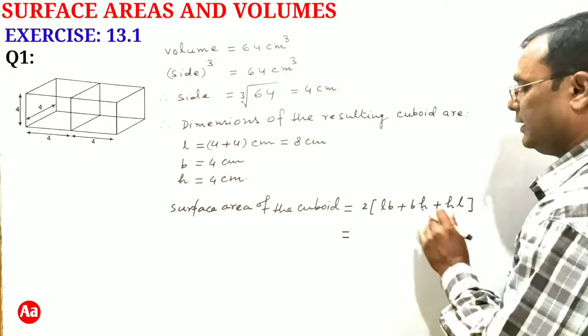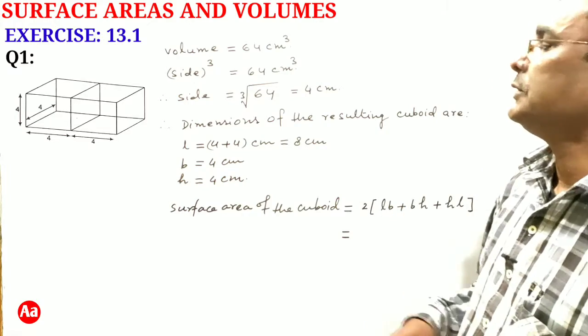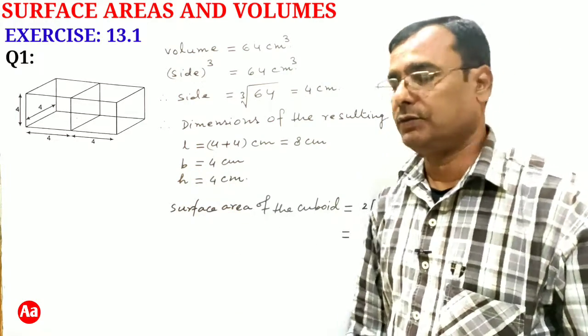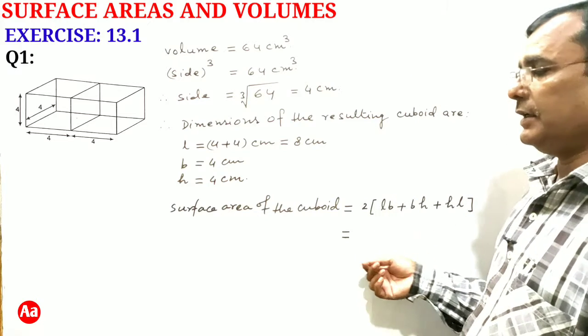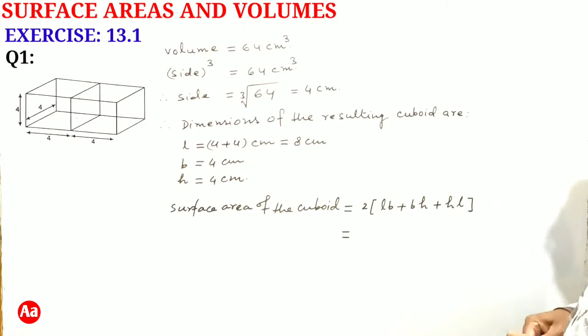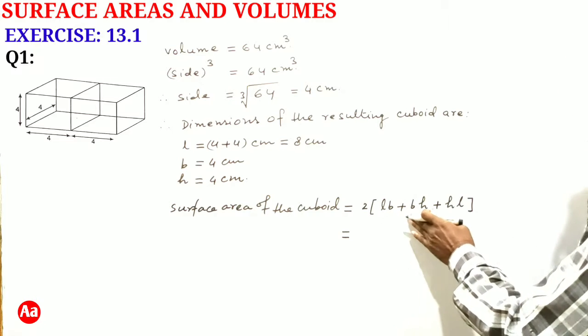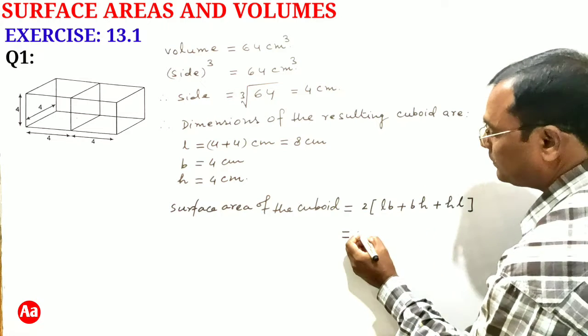Using this formula and substituting the values of length, breadth and height, we can calculate the surface area of the resulting cuboid. So let's put length, breadth and height in this formula.